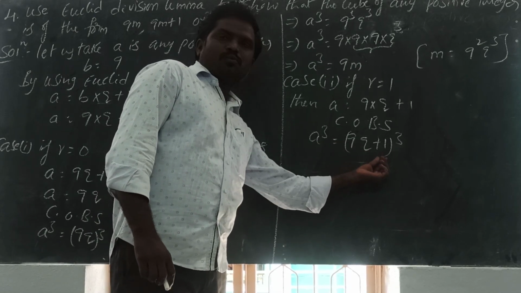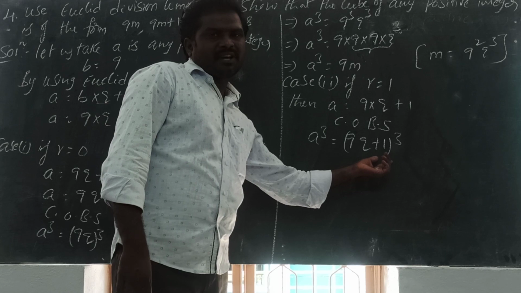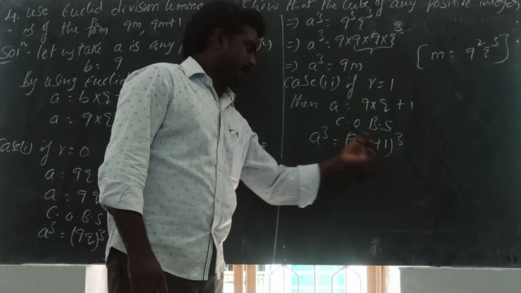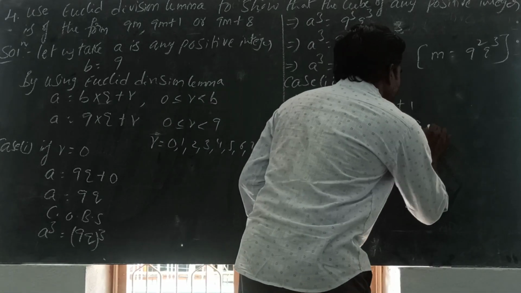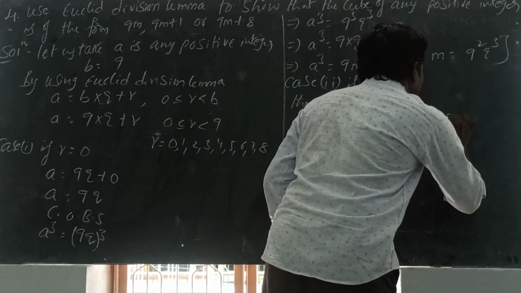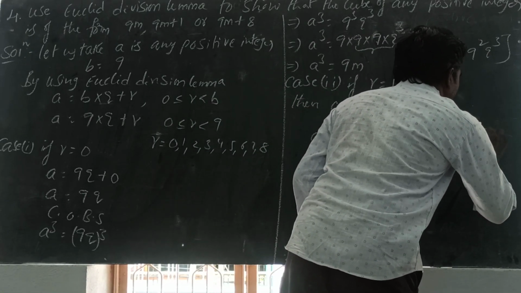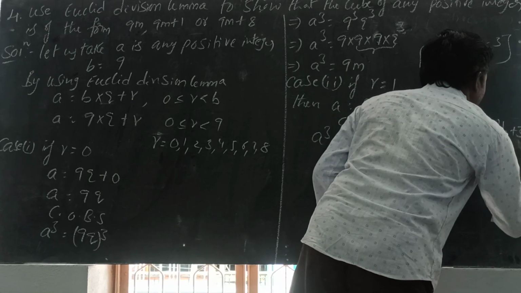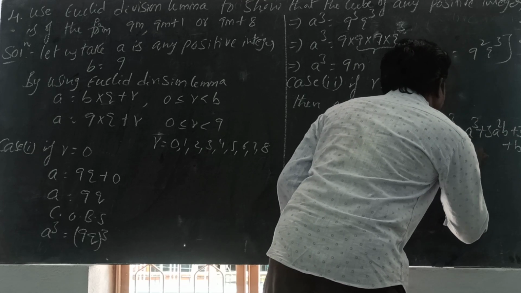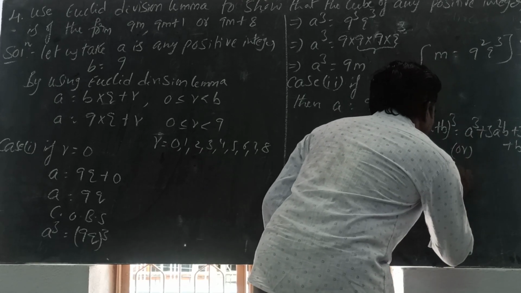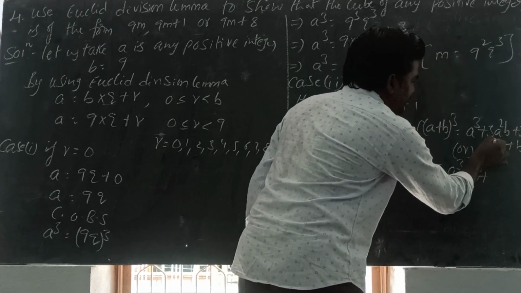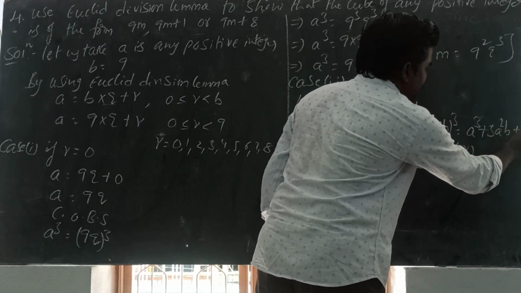So what is the (a plus b) whole cube formula? a cube plus b cube plus 3a square b plus 3ab square. In these two terms, what is common? 3ab.